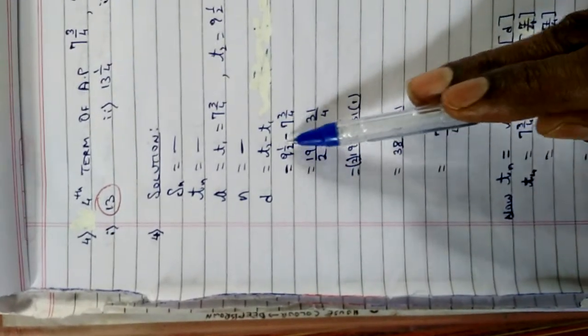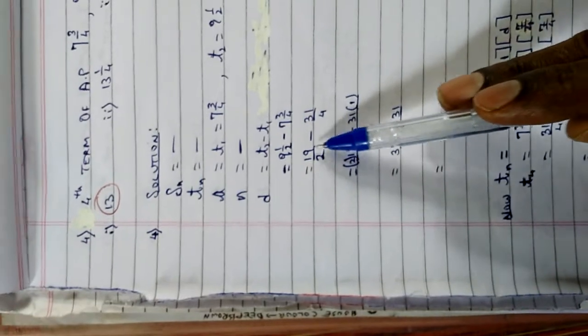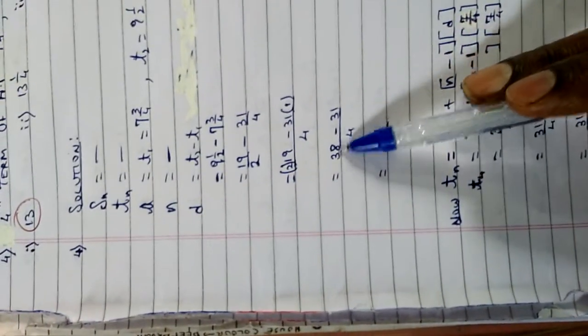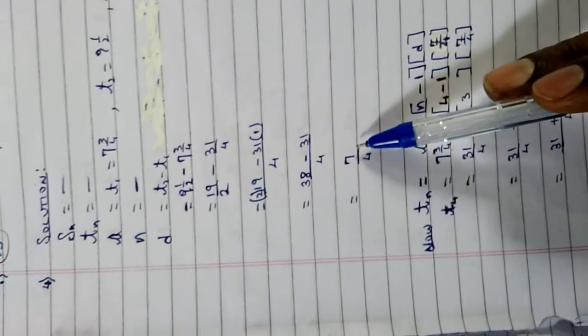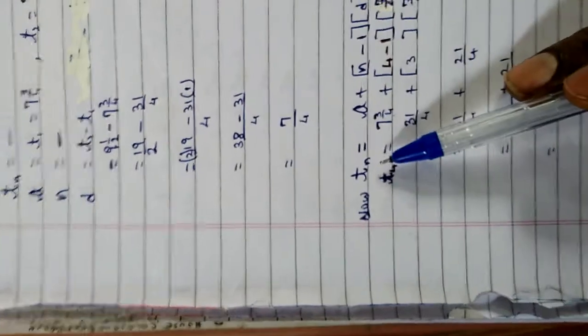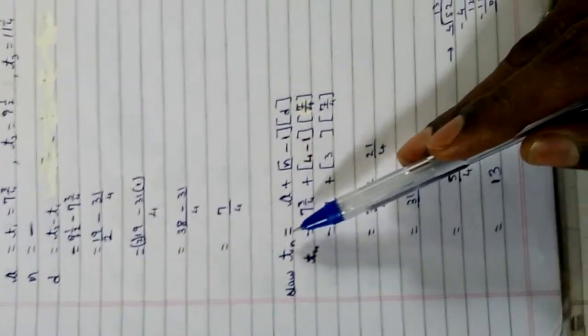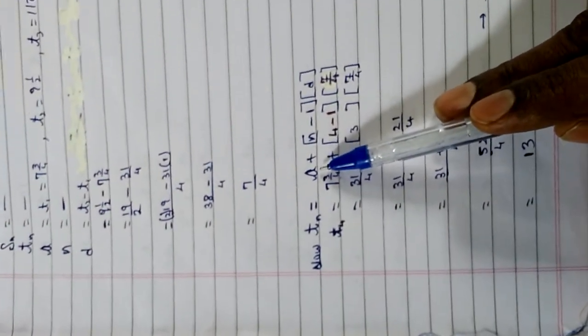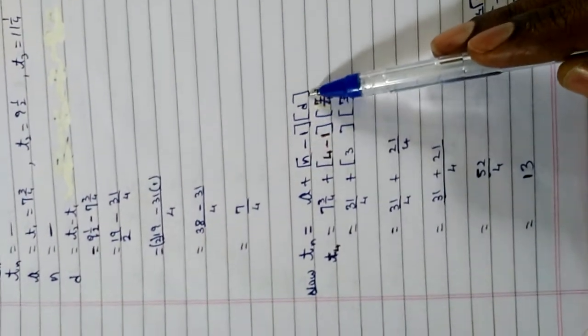The mixed fraction is then converted into fraction, we get 19 upon 2 minus 31 upon 4. We take the LCM, we get 38 minus 31 upon 4, that is 7 upon 4. Now we take the nth term formula because we got to find a fourth term. So the nth term formula is a plus n minus 1 into d.